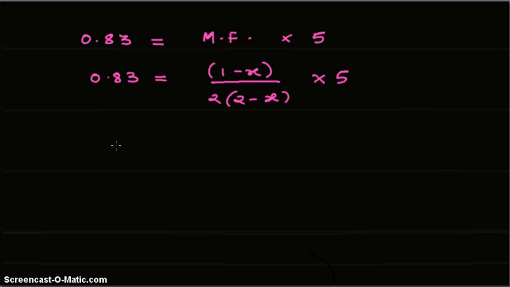So 0.83 divided by 5 is equal to 1 minus x divided by 4 minus 2x.